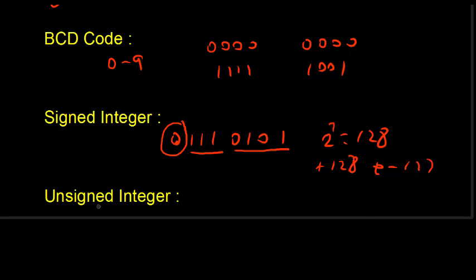In case of unsigned integer, all the 8 bits can be used, so we have 2 raised to 8 combinations. Because here we don't need to represent the negative or positive sign, we can go from 0 to 255. So these numbers can be represented using the unsigned integer when we have 8 bits.